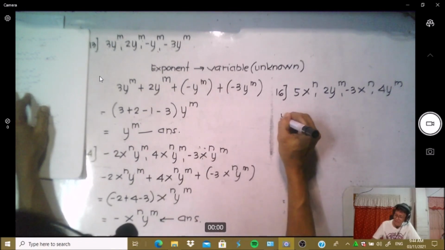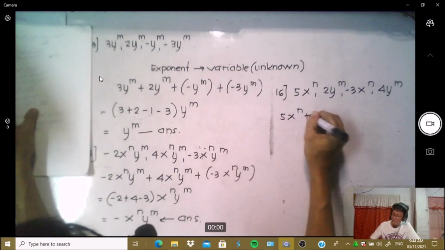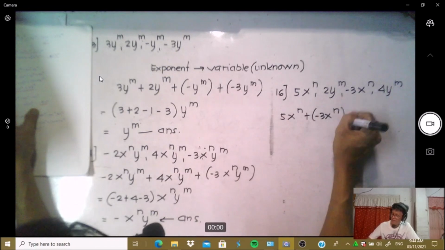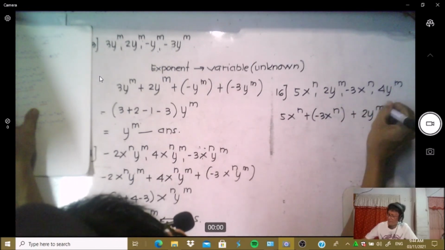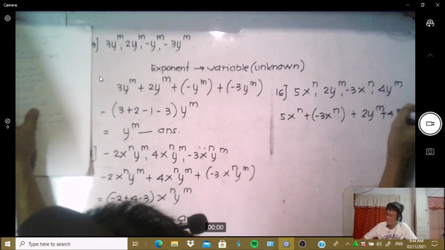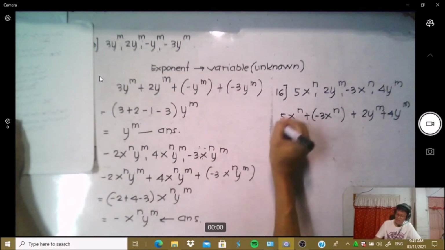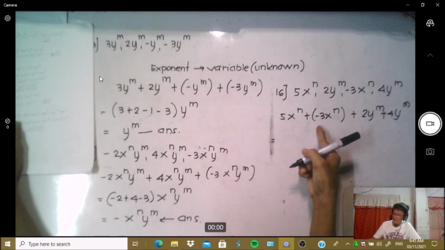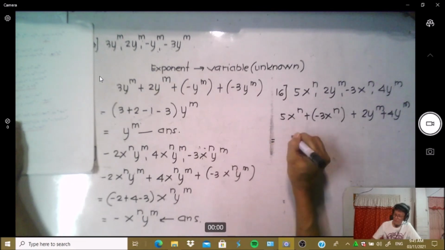So we have 5x raised to n, then plus negative 3x raised to n, then plus 2y raised to m, then plus 4y raised to m. So 5 minus 3 is equal to 2.